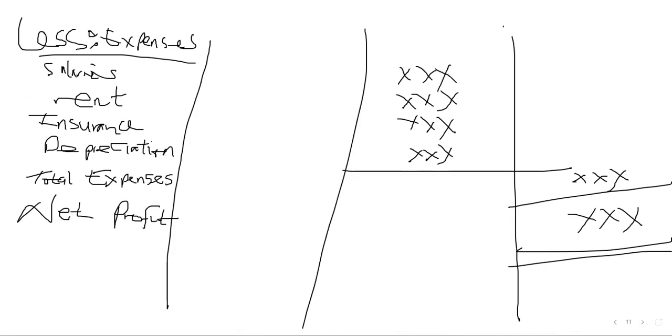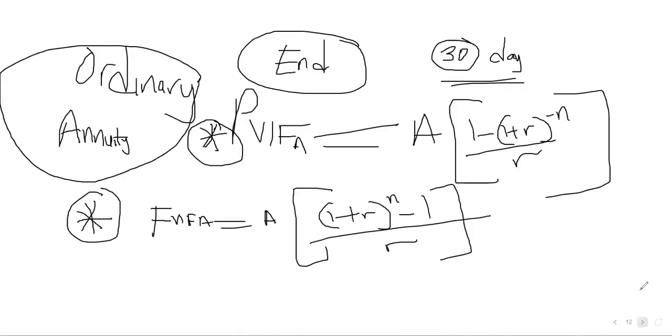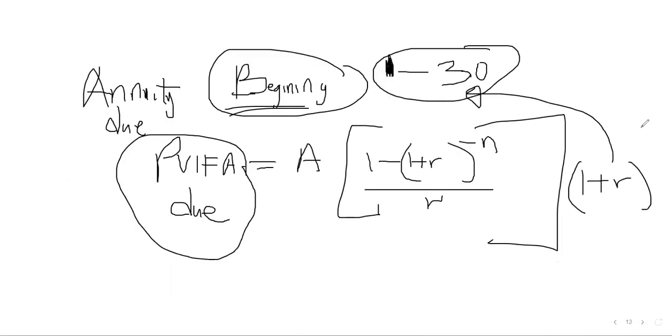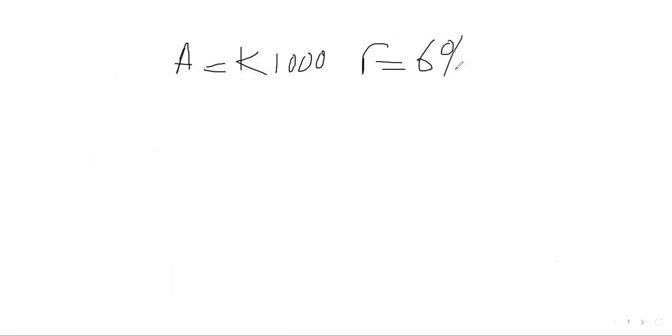Based on the information given, the interest rate has been given. So let us see: the amount is 1,000 kwacha, the rate we have gotten from the bank is 6%, and our N is 3 years.